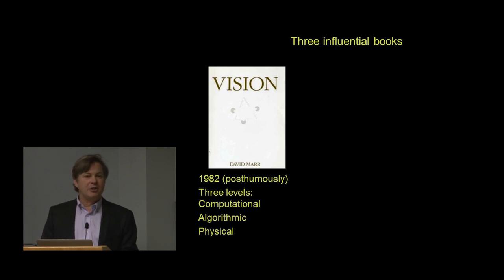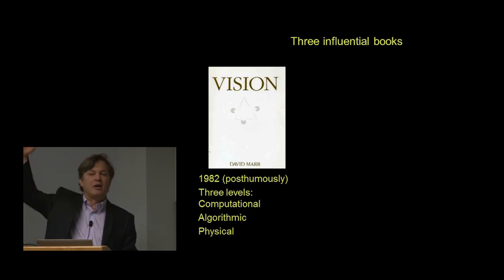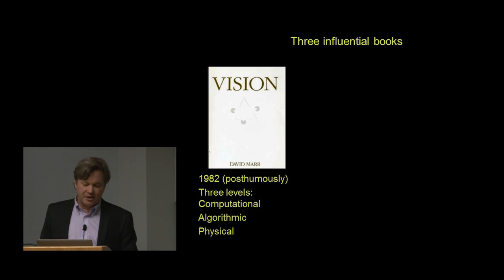At the algorithmic level, the example that Christoph gave last week was Riesenhuber and Poggio's HMAX model, which is a sort of hierarchical model, each step of which is similar to the simple-complex model of Hubel and Wiesel. And then finally, there's the physical level of how: what is the hardware and what features of the hardware allow the system to compute the algorithm in order to solve the computational problem.